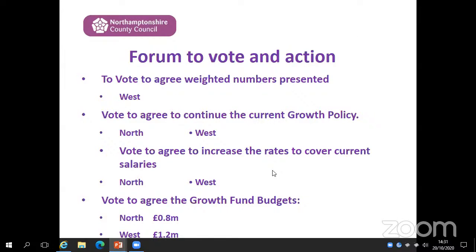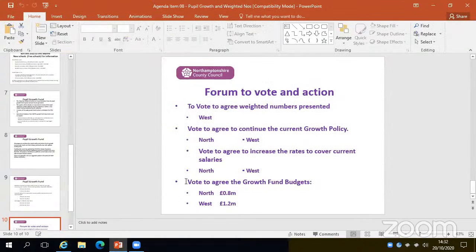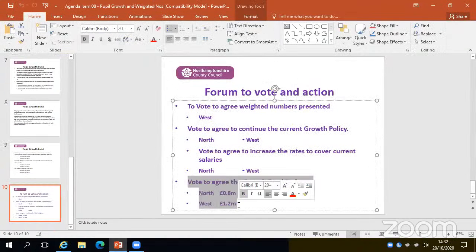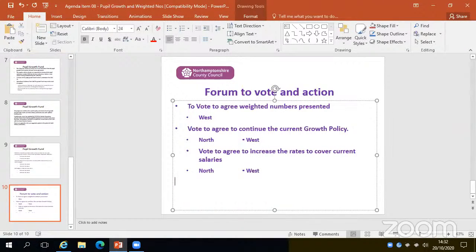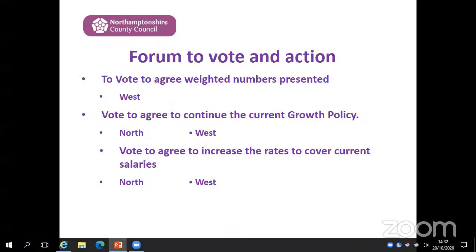We are also asking Forum to vote and agree the current growth policy for both the North and the West unitary areas, and to vote and agree to increase the rates currently provided by the Pupil Growth Fund for teachers to accommodate the salary increases that have occurred since those figures were last voted upon.